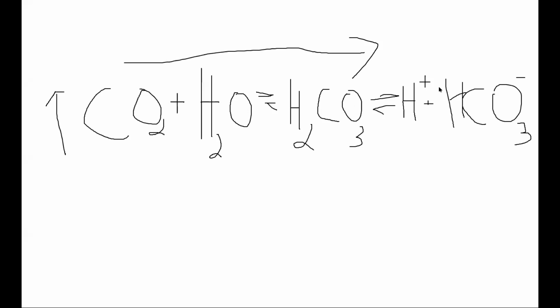Remember, my problem is my pH instead of 7.4 is 7.8. It's too high. So I want more hydrogens. If I have more hydrogens that I can release into the bloodstream, what happens to my pH? It goes from 7.8 down to 7.6. If I add even more hydrogen, it gets even more acidic, 7.6 to 7.4.